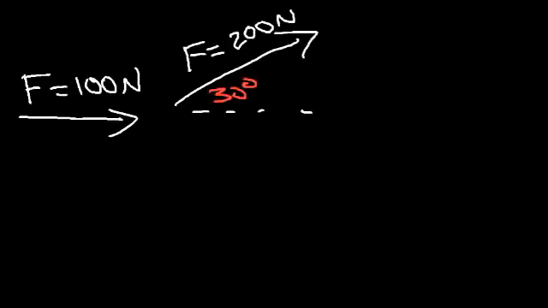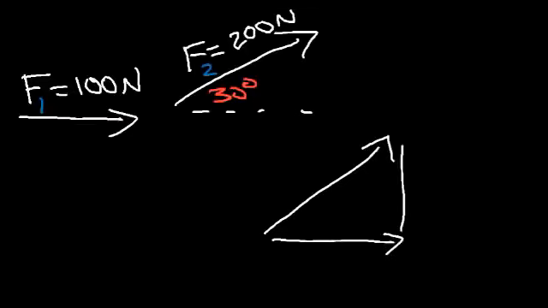Now here's a standard way of solving these types of problems. Let's call these F1 and F2. What you want to do is find F1x and F1y, and also F2x and F2y. But let's write the equations for these first. So let's redraw the triangle that we had in the beginning.